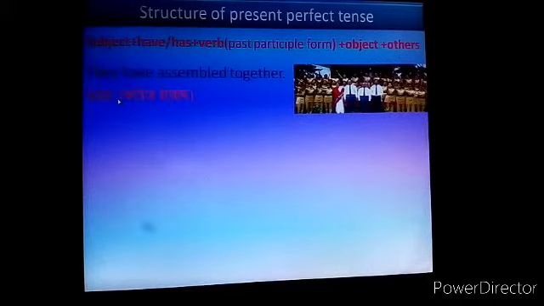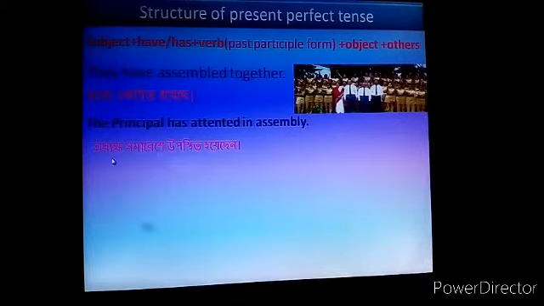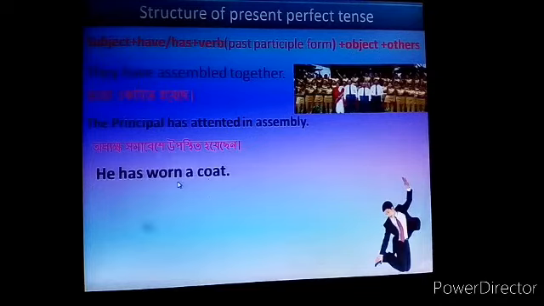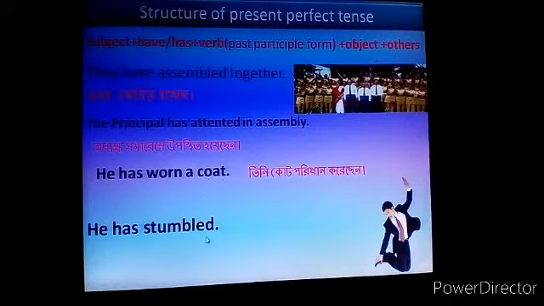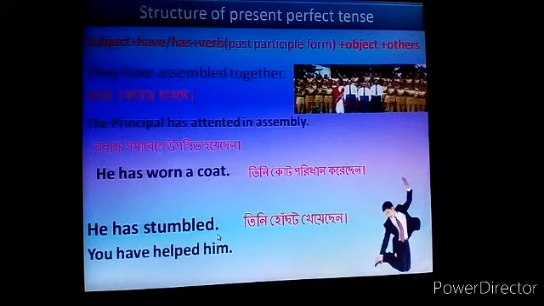Here is the Bengali meaning. Similarly, the principal has attended the assembly. He has worn a coat. He has stumbled. You have helped him.